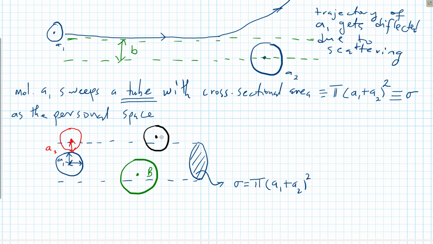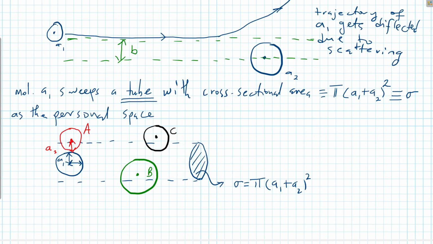So this is molecule C, and I can call the molecule A2 in red molecule A. Let's say this again: if any other molecule has its center inside the personal space of molecule A1, then collision is going to happen.